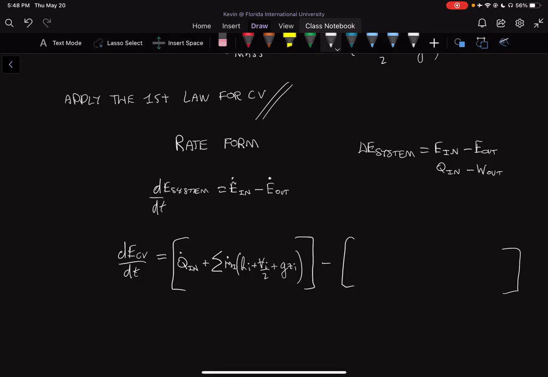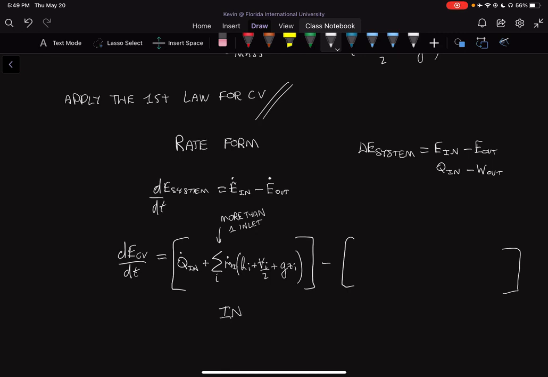And the reason we have this summation is if we have more than one inlet in our system. So in a simple system, we have one inlet, in which case we just have one term, but we could have the sum of all the masses of all the different entrances to our system. So we could have two entrances and one exit, for example. So this is our energy flow rate in.